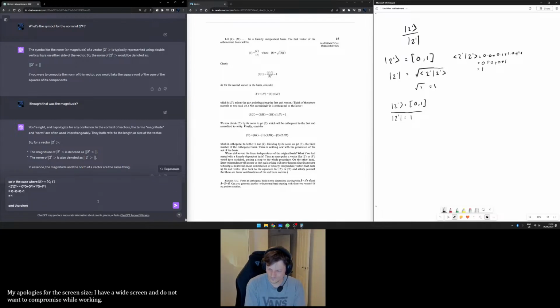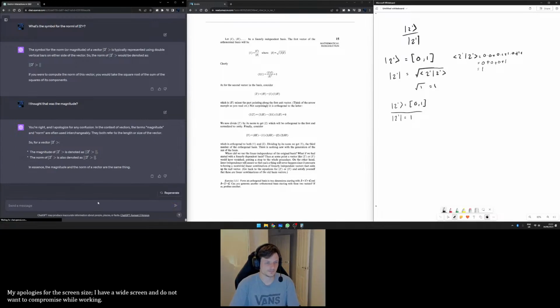And therefore, 0, 1 divided by 1 is equal to 0, 1. Or in other words, 2 prime is equal to 2 prime. So why is it that 2 prime is equal to 2?